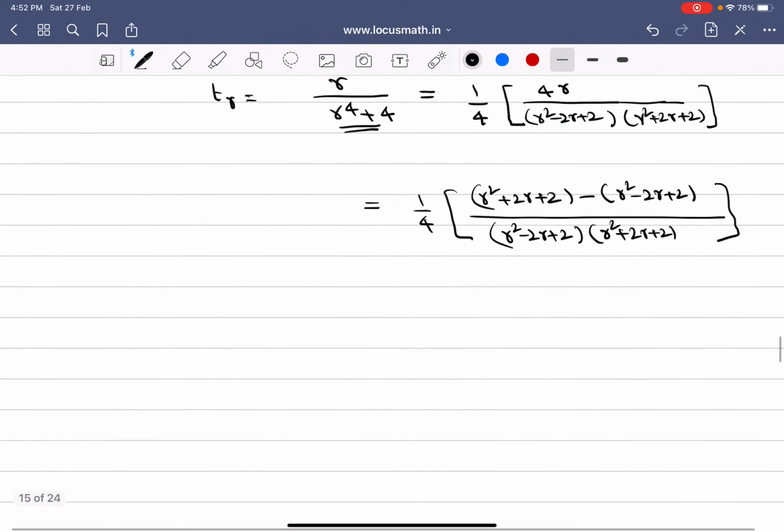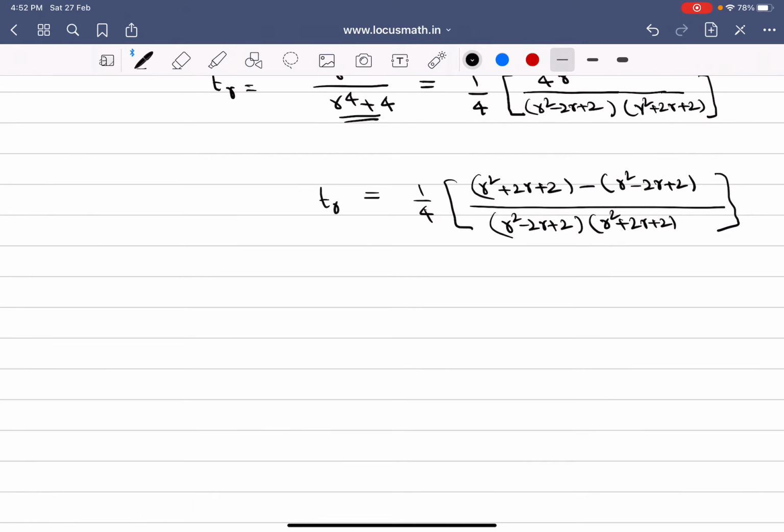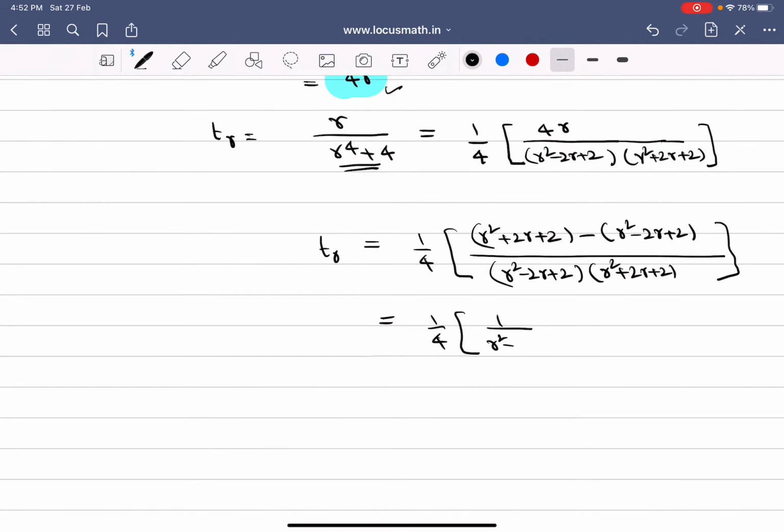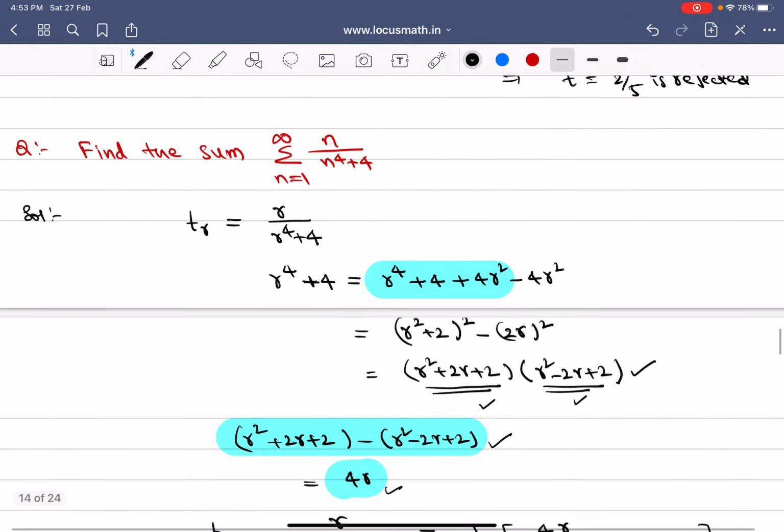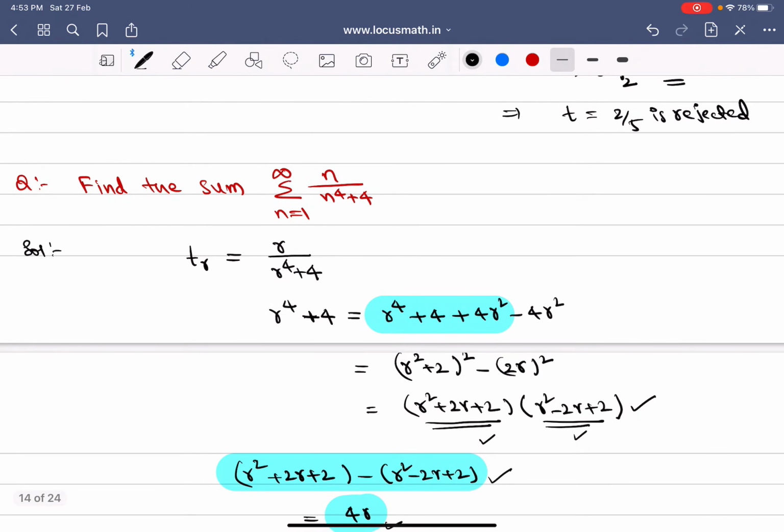So which is equal to, that is Tr is equal to 1 by 4 times [1 by (r square minus 2r plus 2) minus 1 by (r square plus 2r plus 2)]. So this is our Tr. Now the question is, what? The sum of infinite terms.